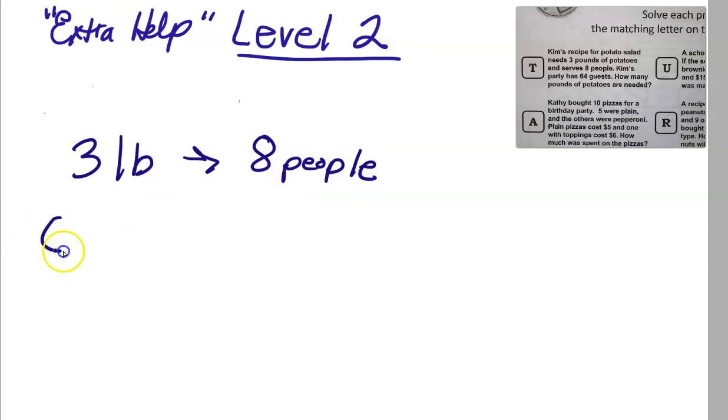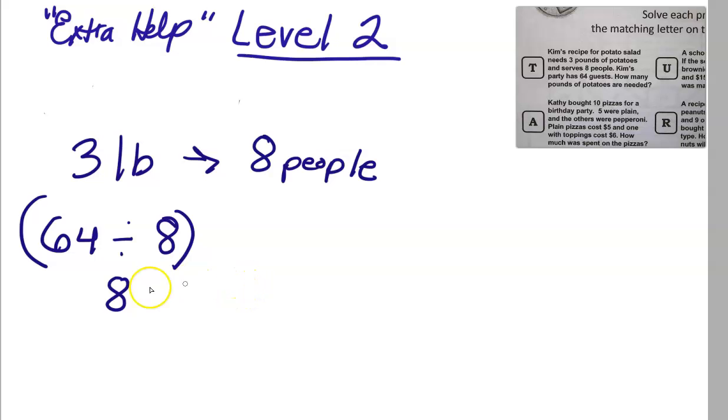So I need to take 64 and break it up into groups of 8 people. I know 64 divided by 8 is 8. For every group of 8 people, I'm going to need 3 pounds of potatoes. So I'm going to have 8 groups of 8 people, and I need to multiply that by 3 in order to get the number of pounds of potatoes that I'm going to need.